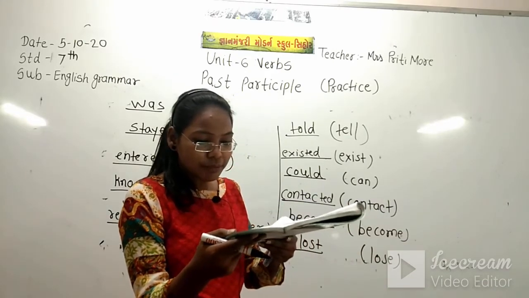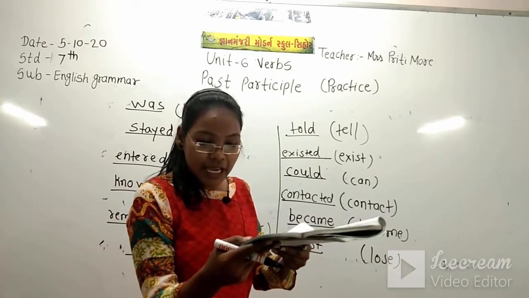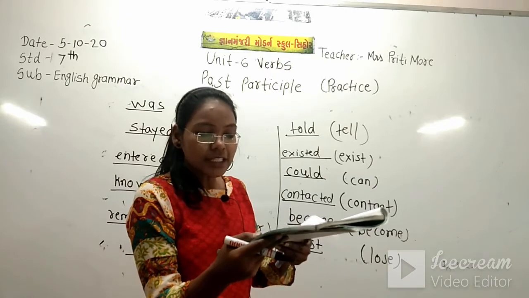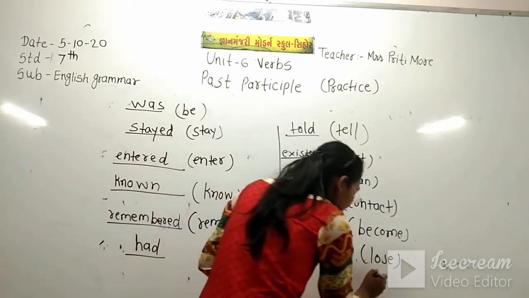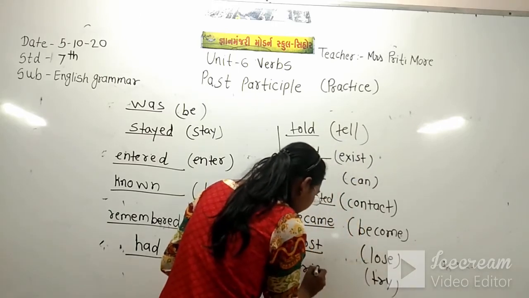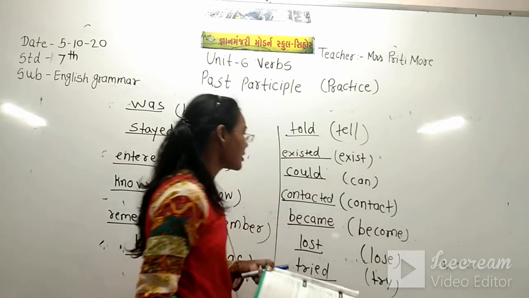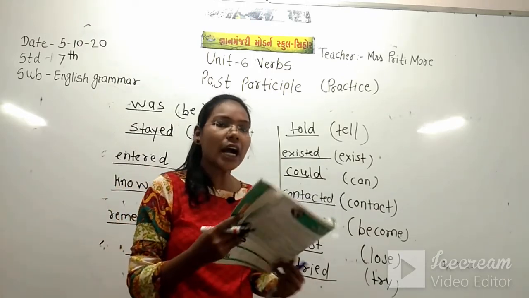There was only pitch black darkness outside. She, in the blank space, she, blank space is there, in the bracket try. Try becomes tried. In the blank space tried will come, tried to remain calm.